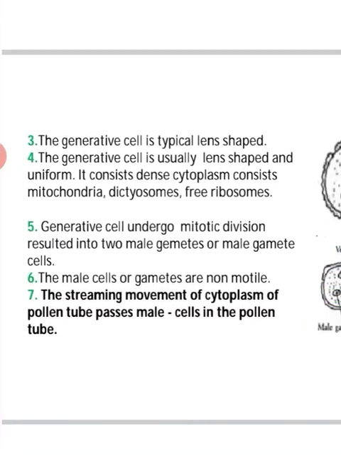The generative cell is usually lens shaped and uniform and it consists of dense cytoplasm, with mitochondria, dictyosomes, free ribosomes, etc. Generative cell undergoes mitotic division resulting in two male gametes or two male gamete cells.